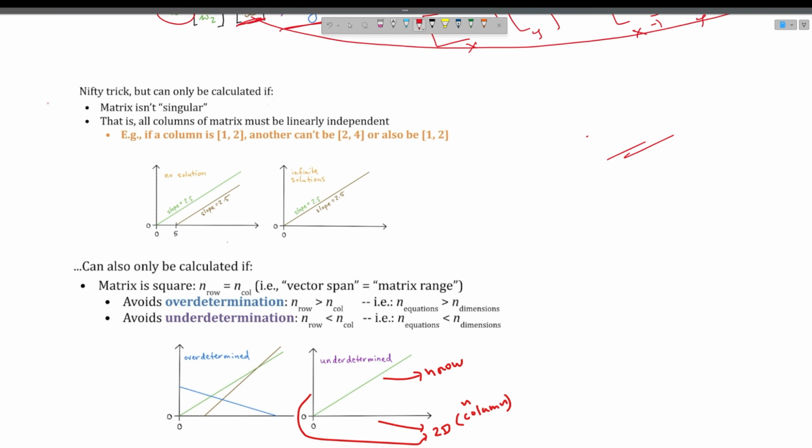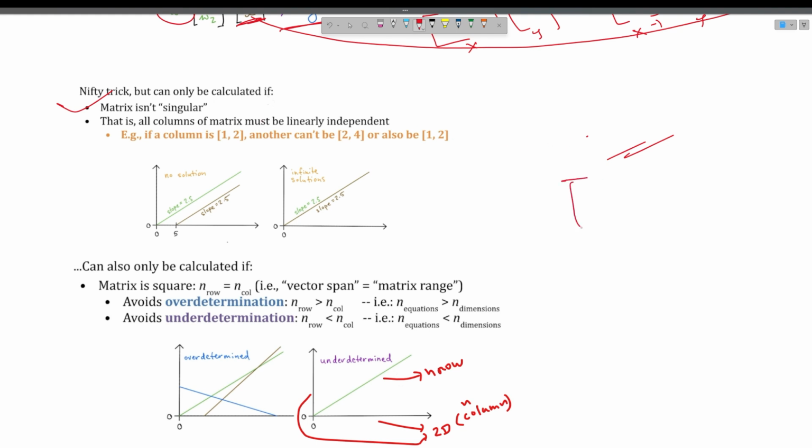Now let's talk about when we can have inverse values and when we can't. An inverse can only be calculated if the matrix is not singular. Then all columns of the matrix must be linearly independent. So what does it mean?